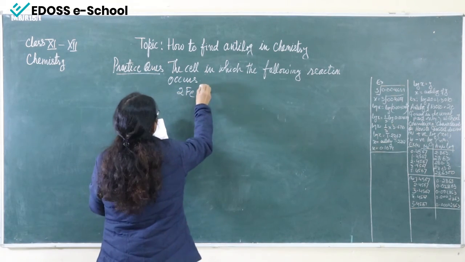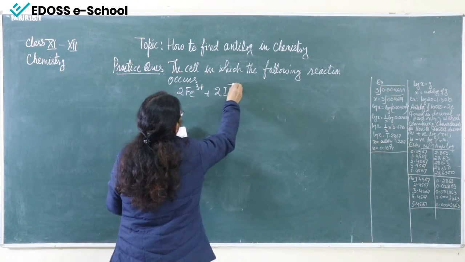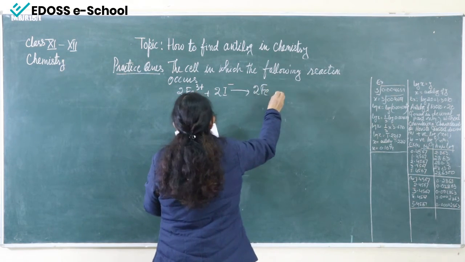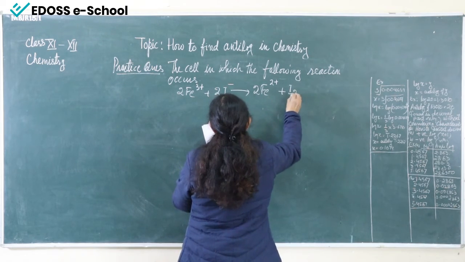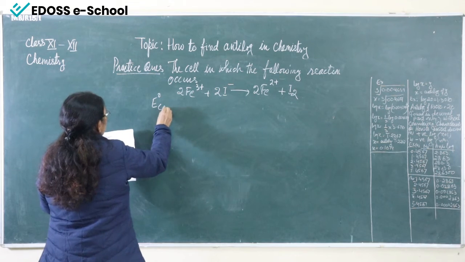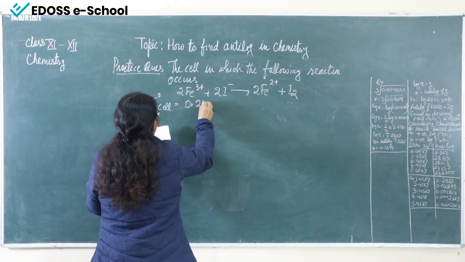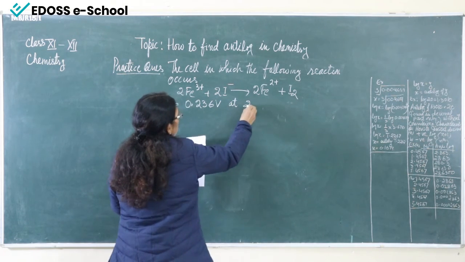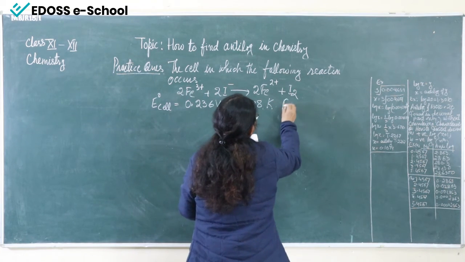2 Fe 3 positive plus 2 iodide is giving 2 Fe 2 positive plus I2, and E naught of cell is equal to 0.236 volt at 298 Kelvin.